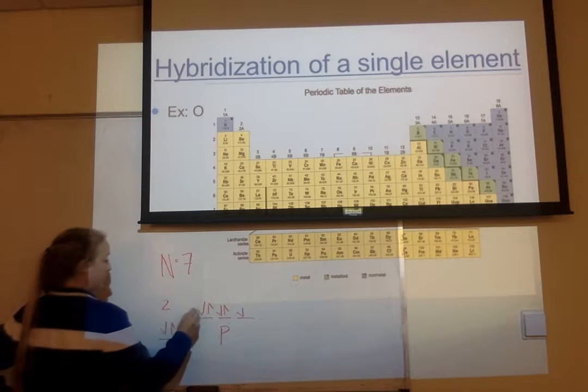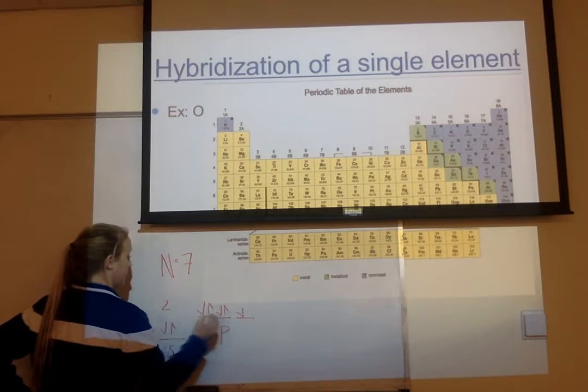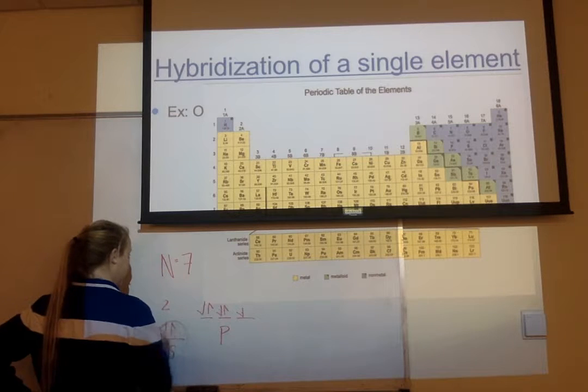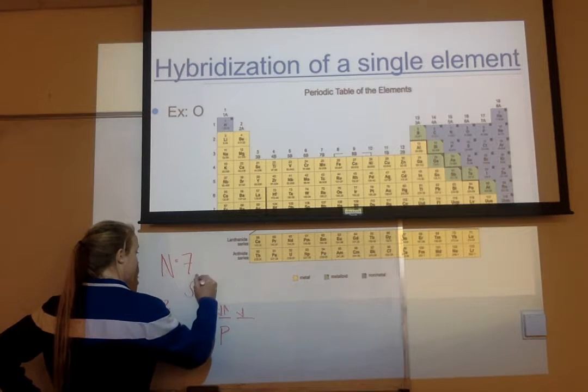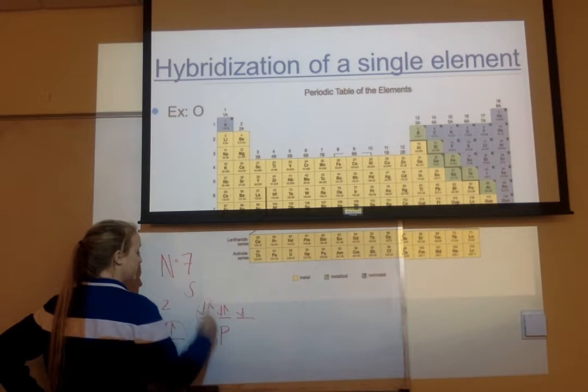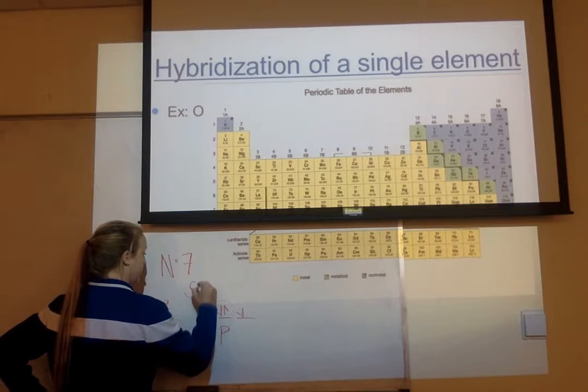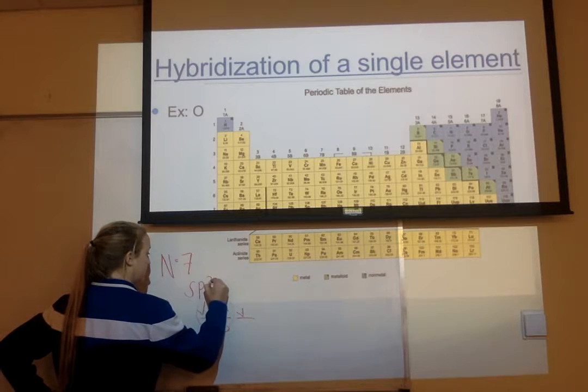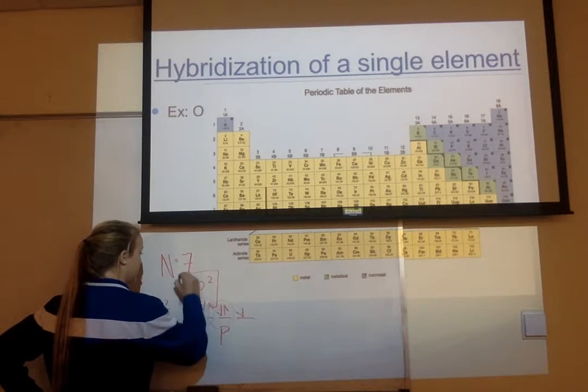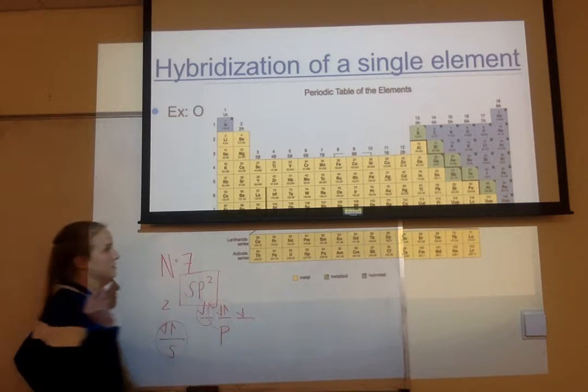So 1, 2, 3, 4, 5, 6, 7. So you've used all of your s, but you only used 2 of your p's, so it's going to be sp2. Your hybridization would be sp2 for nitrogen.